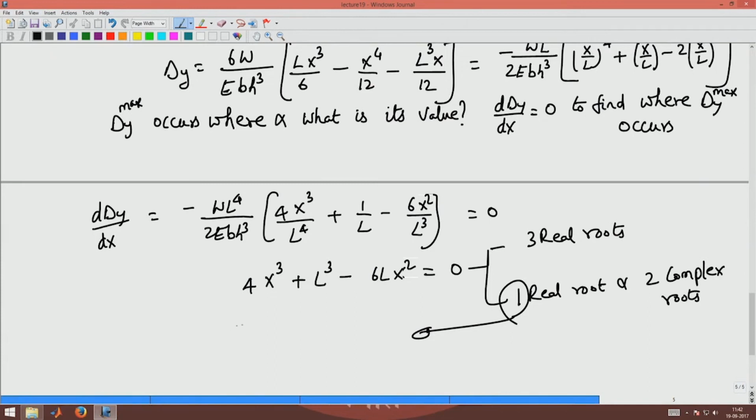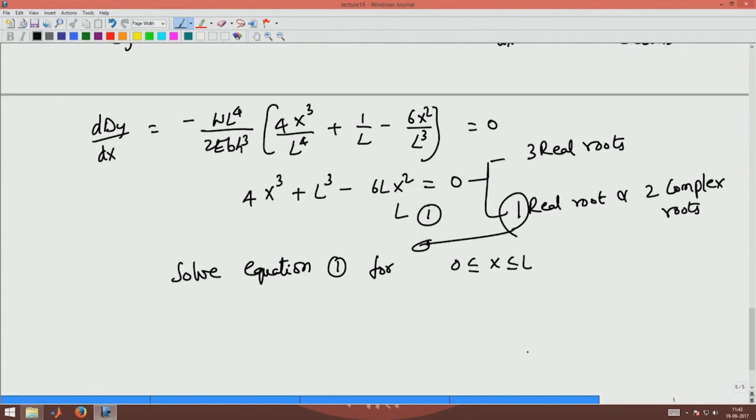Say this is equation 1, solve equation 1 for x lying in the domain 0 to L. You can see now by inspection that x equal to L by 2 is a solution.